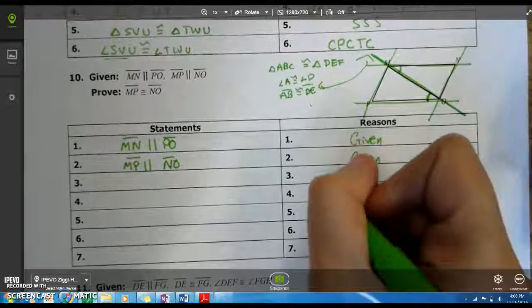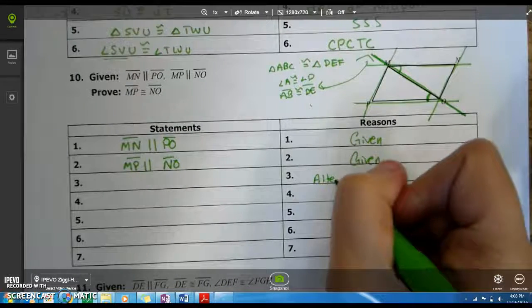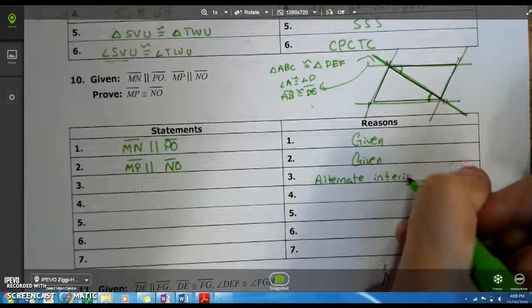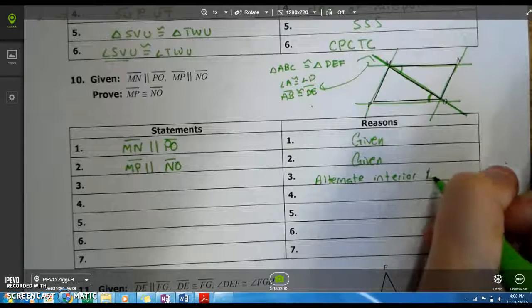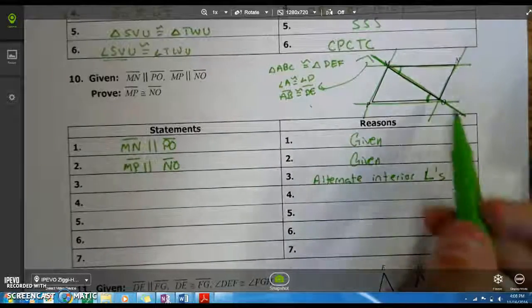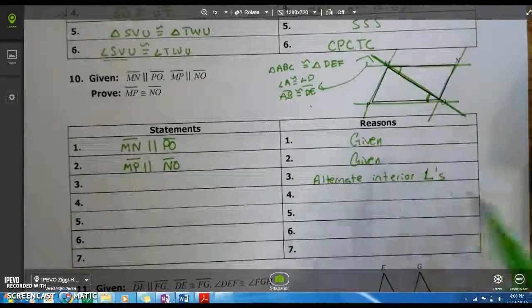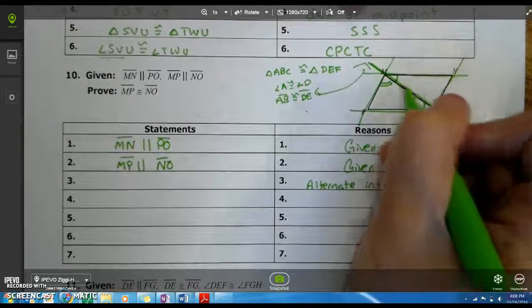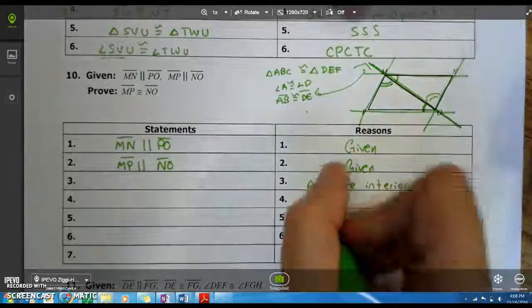That makes them alternate interior angles. And see, I have another set of alternate interior angles because I have another set of parallel lines. I'm going to have this one and the one that's on the other side there, this one.